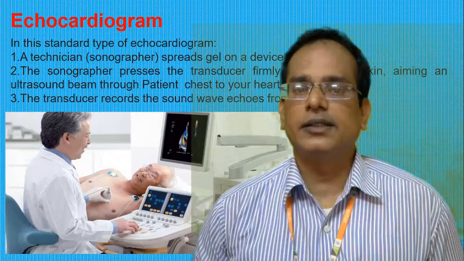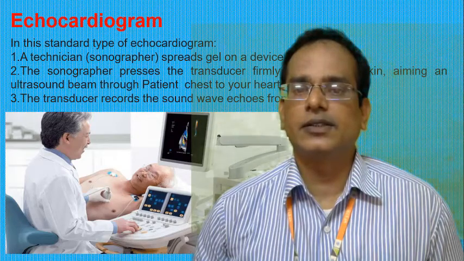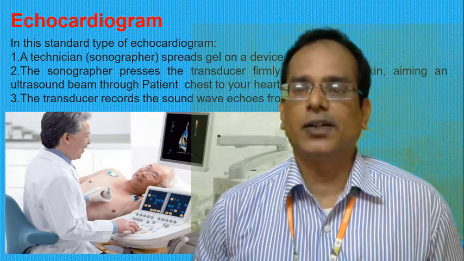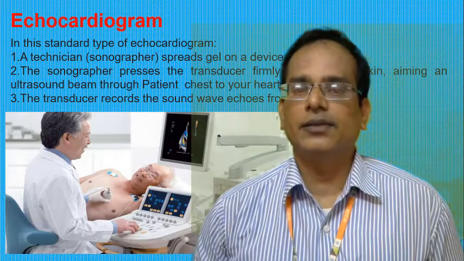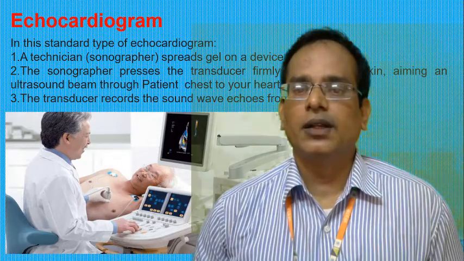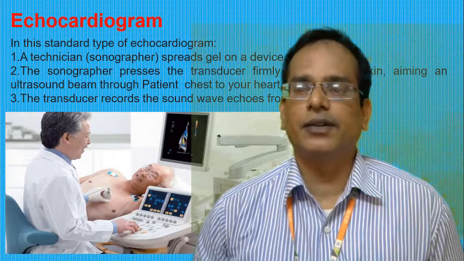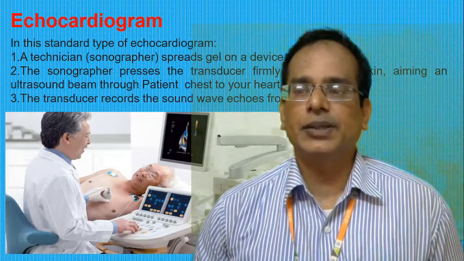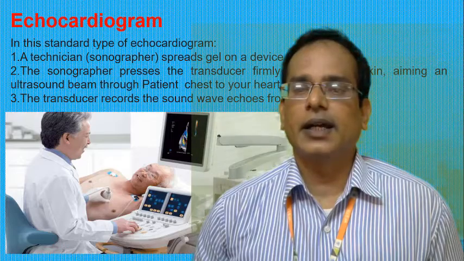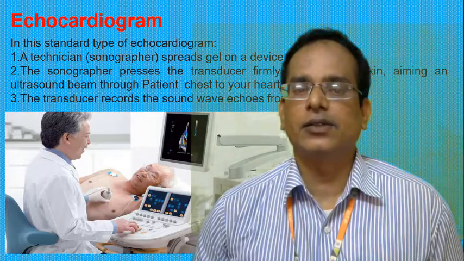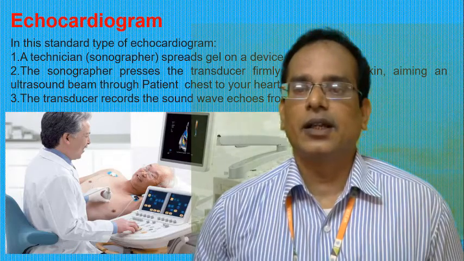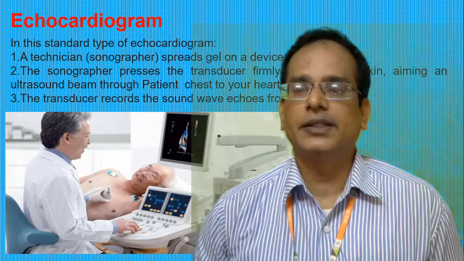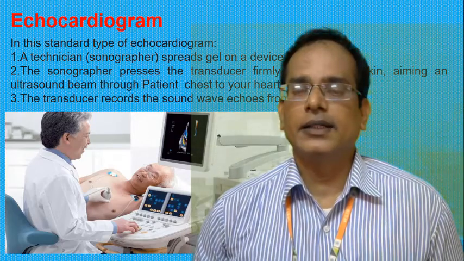First, the technician, called the sonographer, spreads gel on the transducer device as well as on the patient's body. Second, the sonographer presses the transducer firmly against the patient's skin, aiming an ultrasound beam to pass through the patient's chest towards the patient's heart.